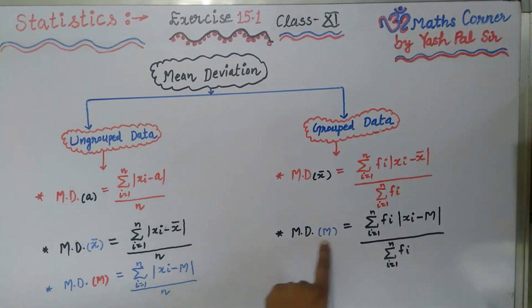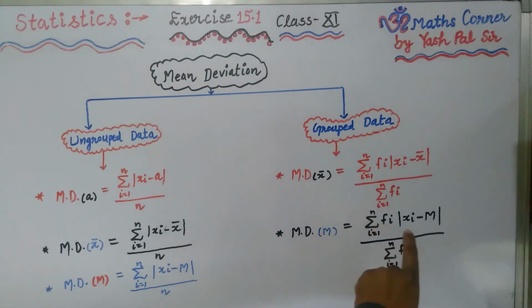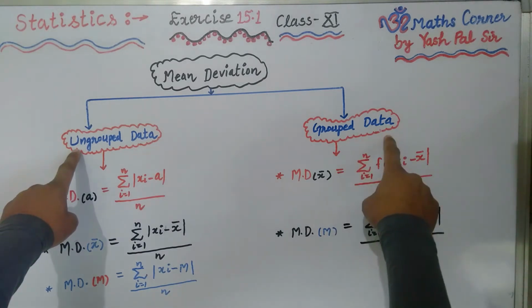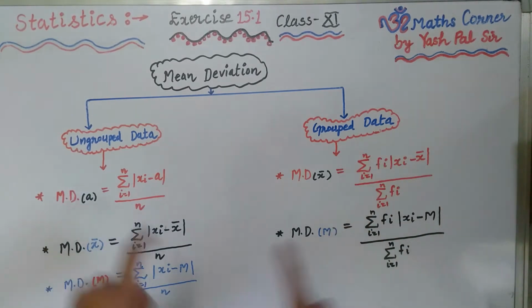Mean deviation about median, M meaning median, equal to summation i equal to 1 to n fi into modulus of xi minus M, whole divided by summation i equal to 1 to n of fi. Okay. Now if we compare ungrouped data and grouped data together, then what is the difference?